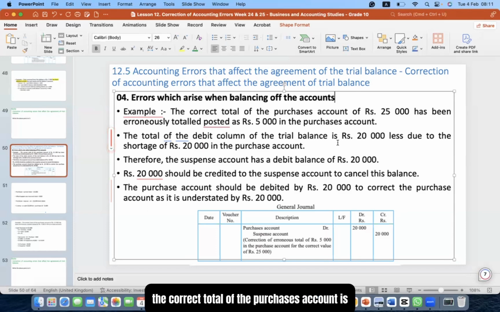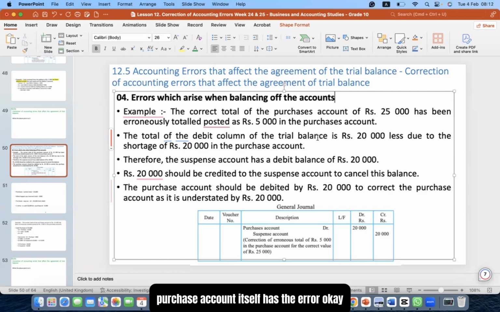The correct total of the purchases account is rupees 25,000 and it has been erroneously posted as 5,000 in the purchases account. This error is happening inside the purchases account itself.